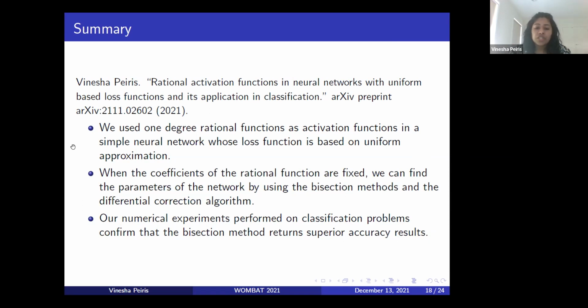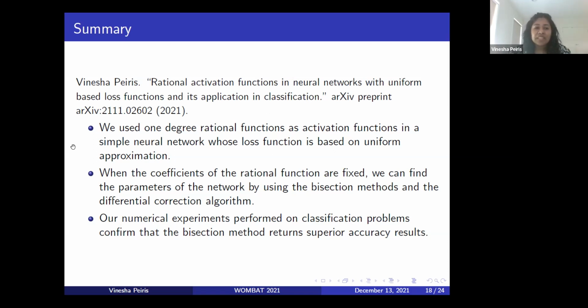Therefore, you can use the bisection method and the differential correction algorithm to find the weights and the bias of this network. Our numerical experiments performed on classification problems confirm that the bisection method returns superior classification accuracy results.